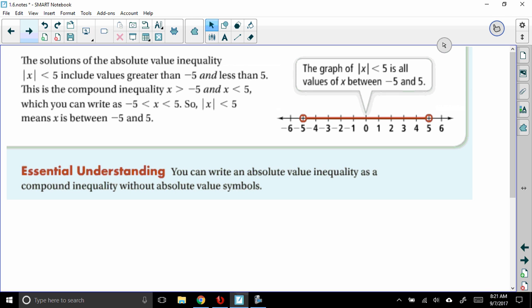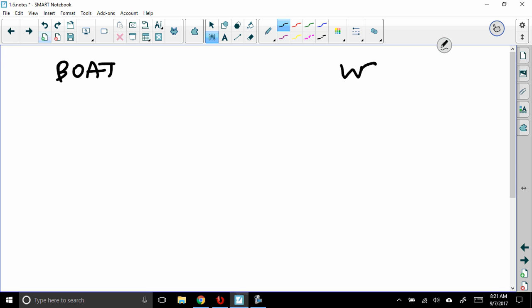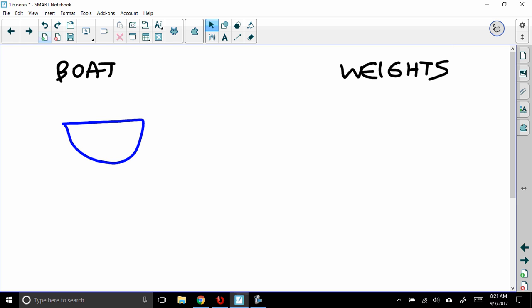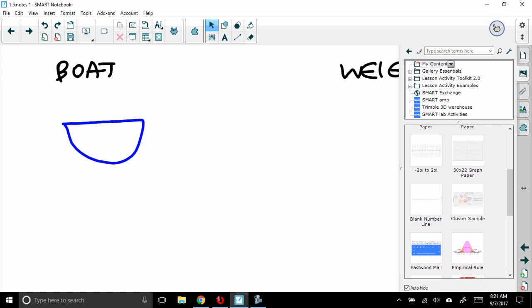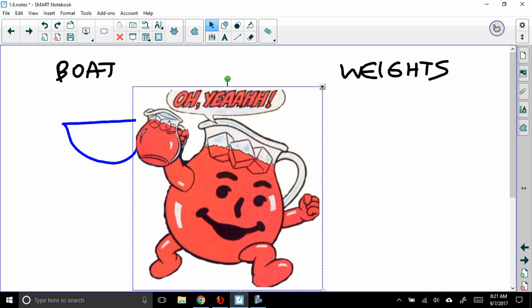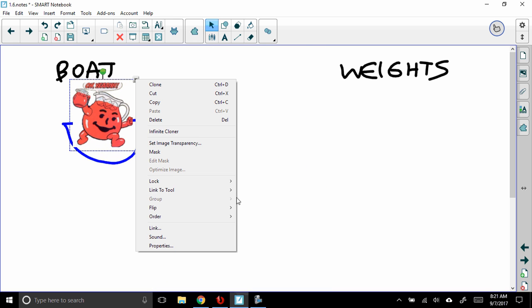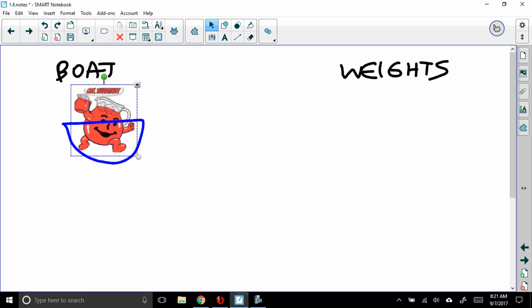Okay. So the last thing we need to talk about then is rowing a boat and lifting weights. Anybody ever see a rowboat? I'll put Kool-Aid Man in the rowboat.